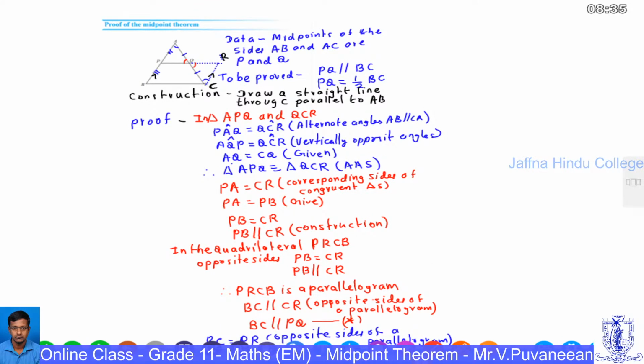First we proved BC parallel to PQ, then PQ is equal to half of the length of BC. So everyone look at your books. This proof is in your book, so you can observe that and understand through the book also. Let's move to the exercise.